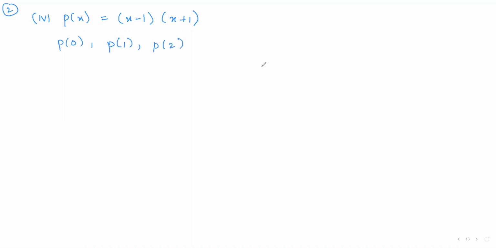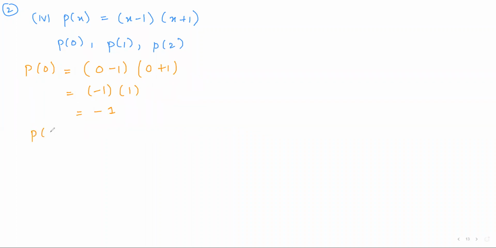Let us first find P0. Wherever you have x, put 0. So it is 0 minus 1 into 0 plus 1. So that becomes minus 1 into obviously plus 1. So that becomes minus 1. Clear?